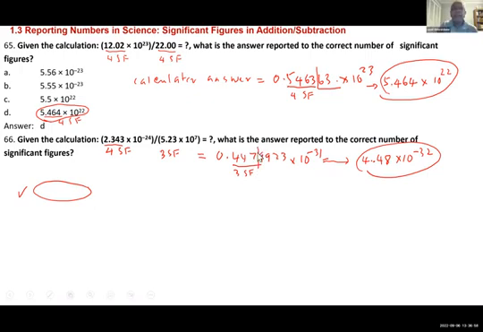Rounded off to 3 significant digits because the lowest is 3 here. So when you do that, that 7 becomes 8. Now you have to move the decimal place 1 more place to the right.